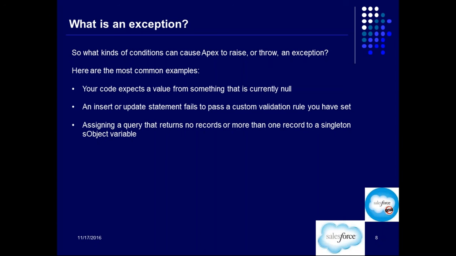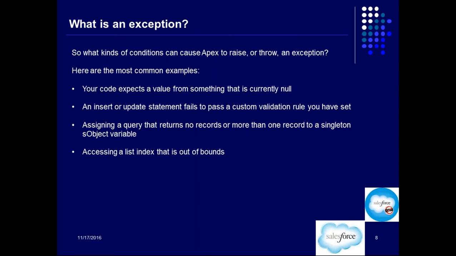A singleton sObject variable means an sObject which can hold one value, but your query which is assigned to that variable is returning multiple values. Okay, so this can be one situation.